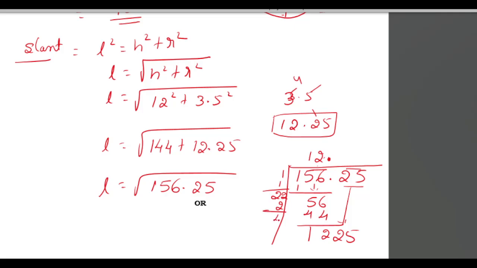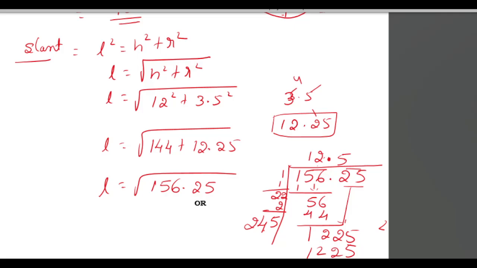Now add this number, 4, 2, 4, 2. Next we take 5, and 5 here also. 5 fives are 25, 2 carry 5, 4 is 20, 20 plus 2 is 22. 2 carry 5, 2 is 10, 10 plus 2 is 12.